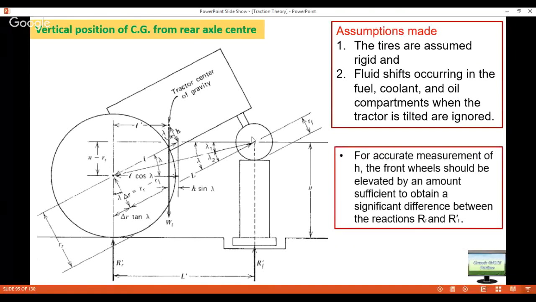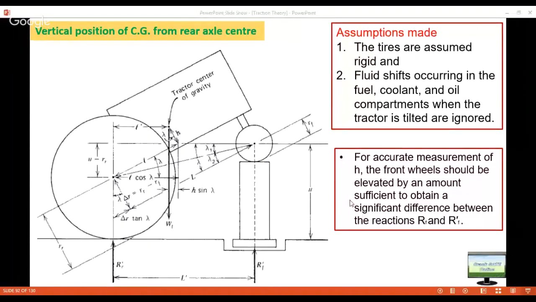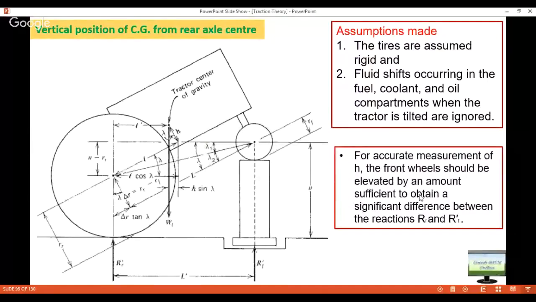Then the second thing is, when you are lifting, you should lift in such a way that there is a significant difference between this r dash f, which comes in this case, and rf, which was the front tire support in the first, horizontal condition. So these two you have to take care of when determining the center of gravity.